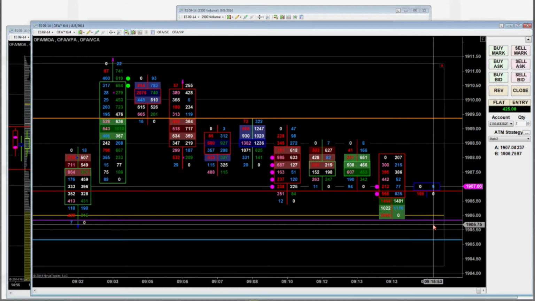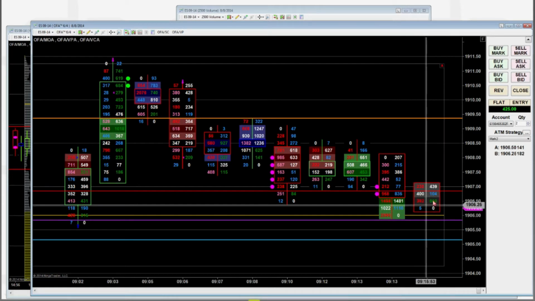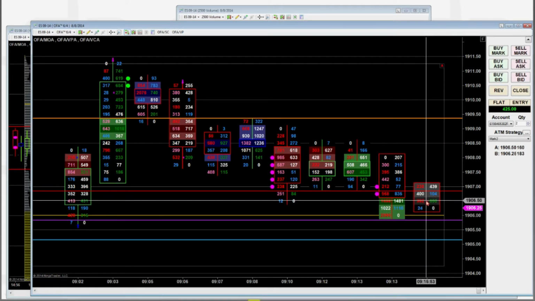All of that activity at the bid at 1906. It's being bought, it's being held, it's being absorbed, exactly. So this went weak, and look at that, it just changed over again.